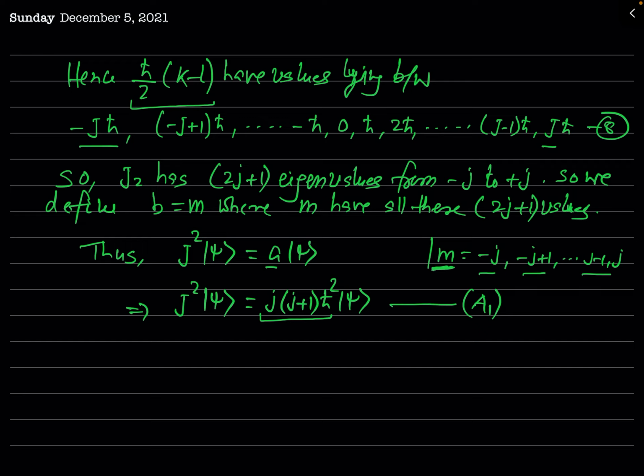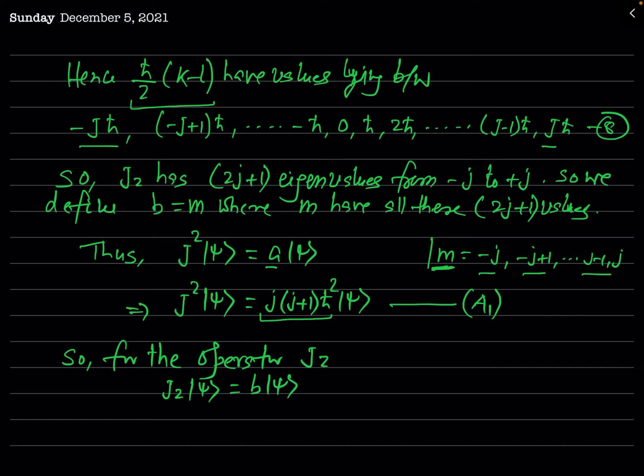So you can write that the eigenvalues of the operator Jz are m h bar. For the operator Jz, you know Jz operated on ket psi gives b ket psi. This is the eigenvalue equation.